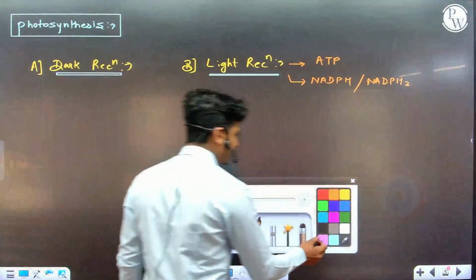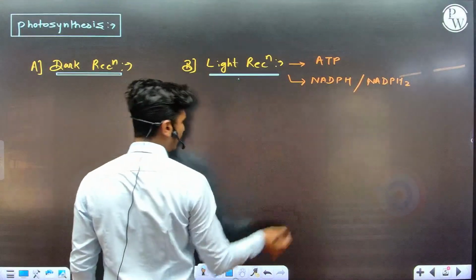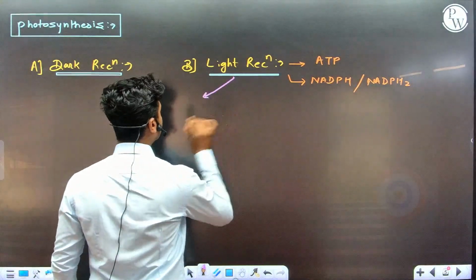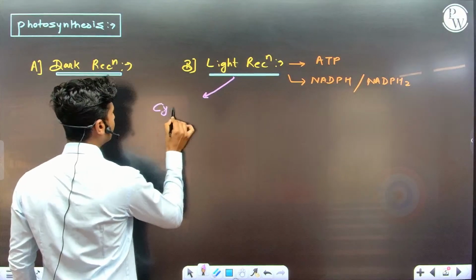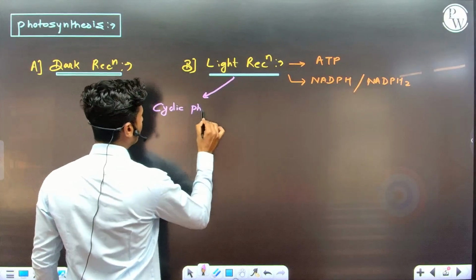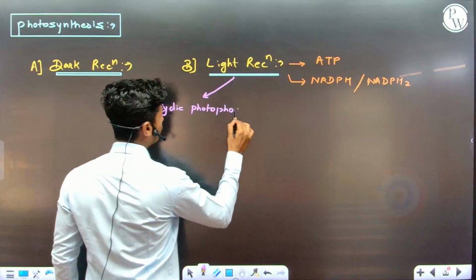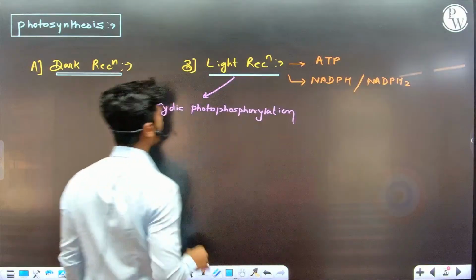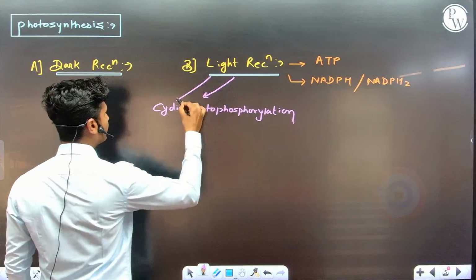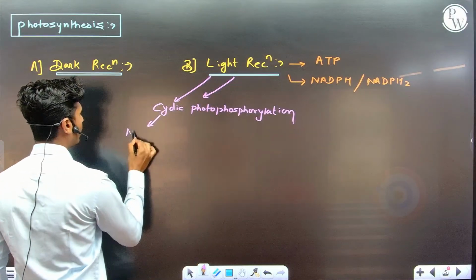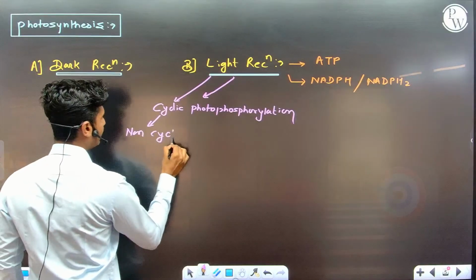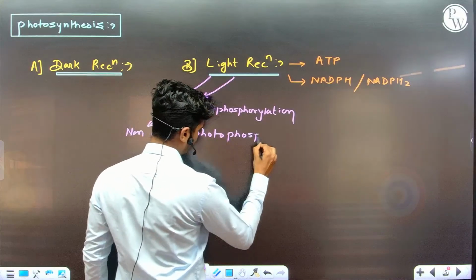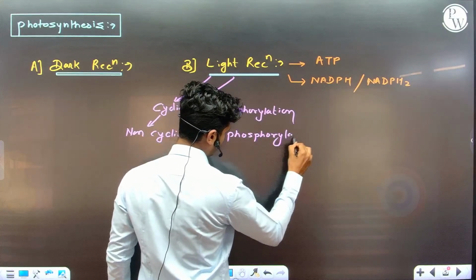Now I am writing here two forms of light reaction. One is cyclic photophosphorylation. Second one is non-cyclic photophosphorylation.